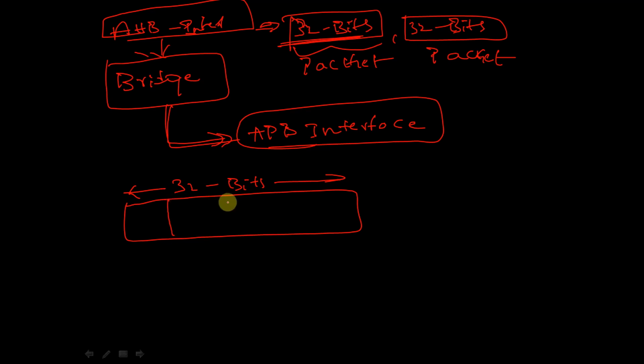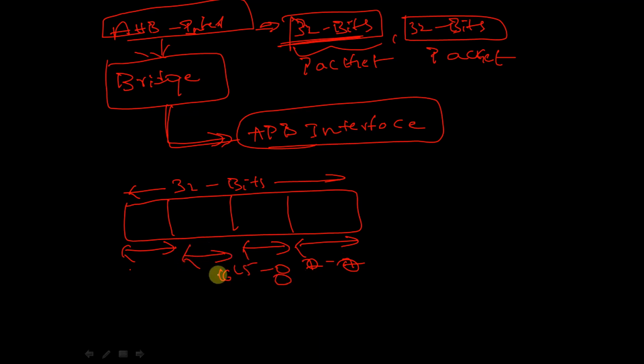That is, we have 4 bytes. This is the first byte, that is 7 down to 0, and this is the second byte, that is 15 down to 8, and here we have 23 down to 16, and next we have 31 down to 24.